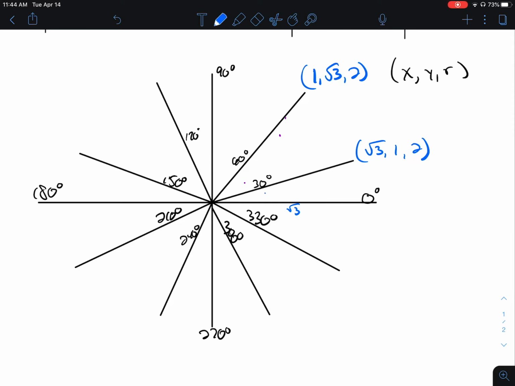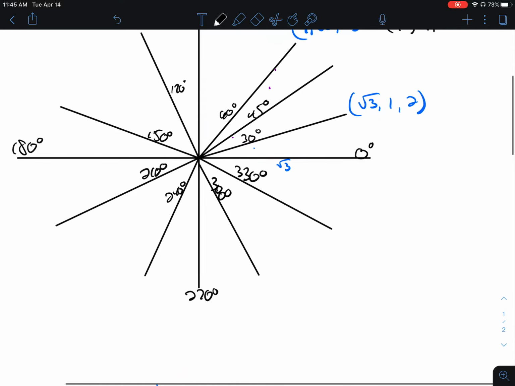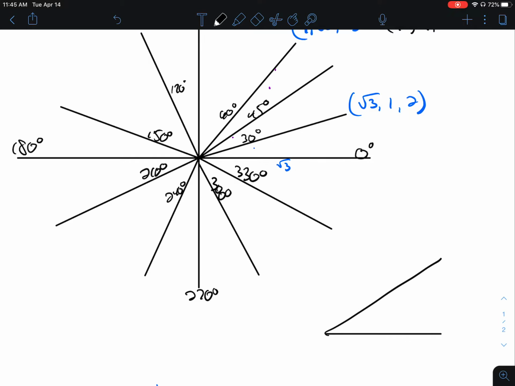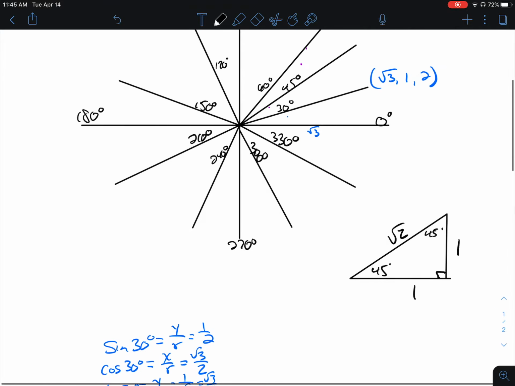Now, let's add another one in here. Let's add in 45 degrees, if we were to count by 45s. So let me remind you about a 45, 45, 90. In a 45, 45, 90, both the legs are the same length, and I'm going to call those legs 1, because I like to make the smallest side 1. If those are 1, the hypotenuse is that times the square root of 2, so that makes that square root of 2.